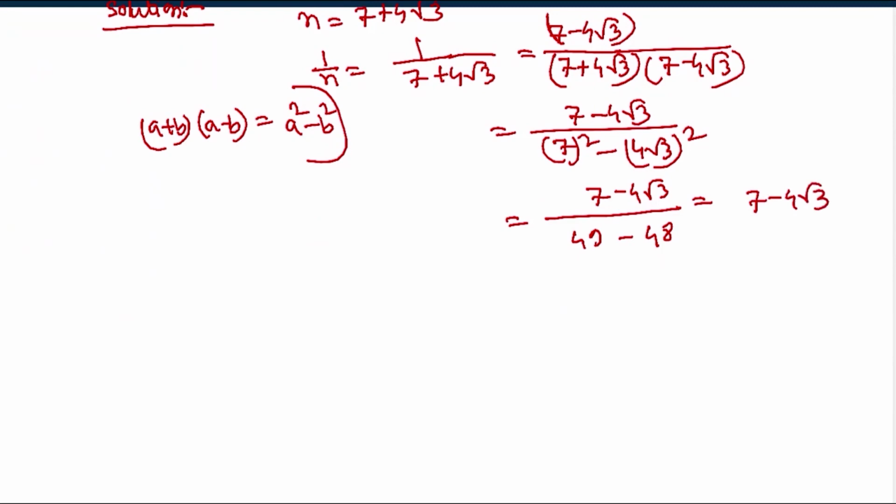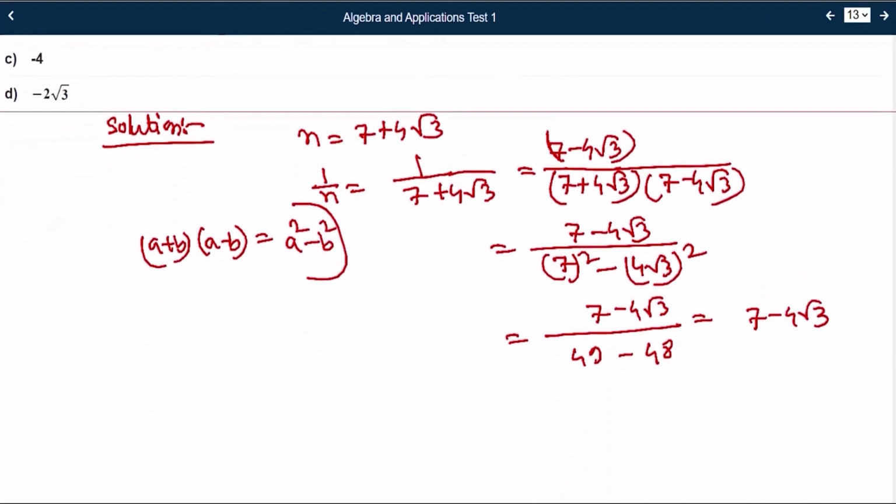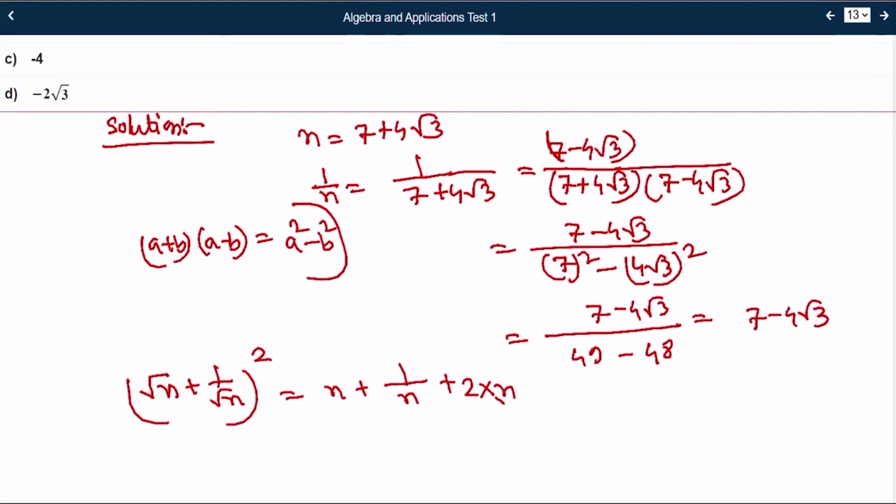Correct? Now since we are asked to find the value of root n plus 1 by root n, let's first try to find the value of (root n plus 1 by root n) whole square. Okay, so from the (a plus b) whole square identity I can write (root n) whole square plus (1 by root n) whole square plus 2ab.